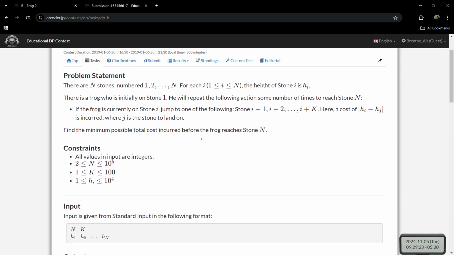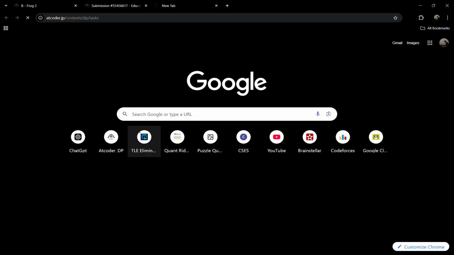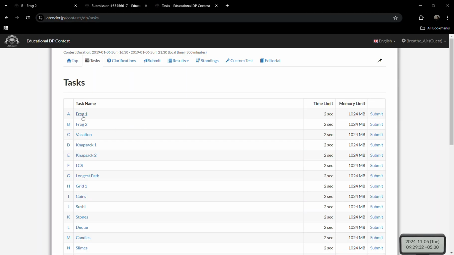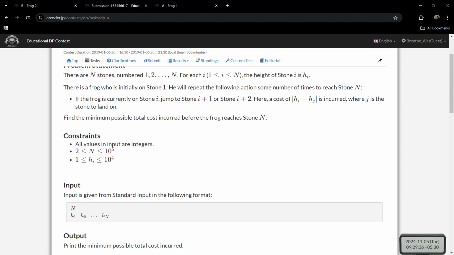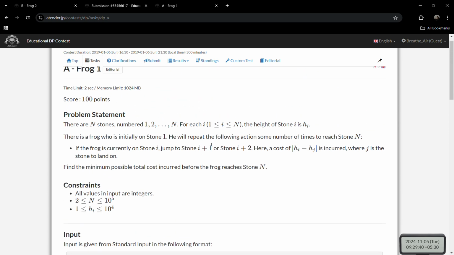So, in the Frog 1 question, I can show you. In the Frog 1 question, k was 2.